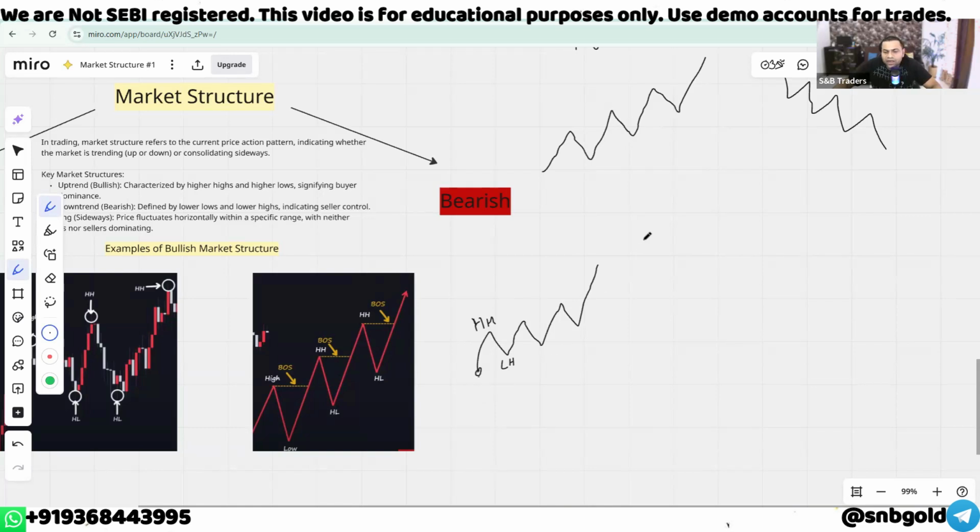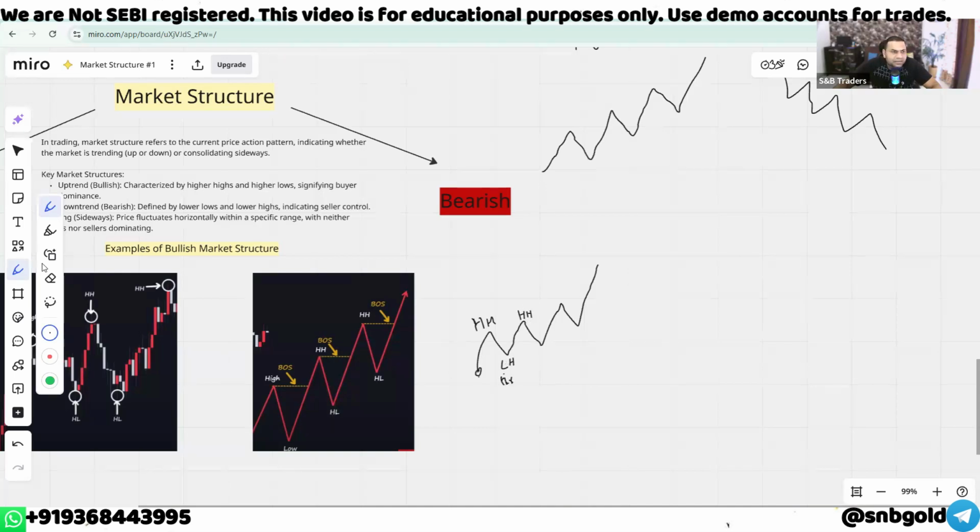So if we are looking at this high, then the market formed this high and then it went down. So that will be your higher low, sorry. Then the price went high again, that will be another higher high.